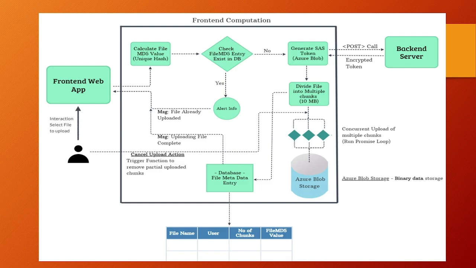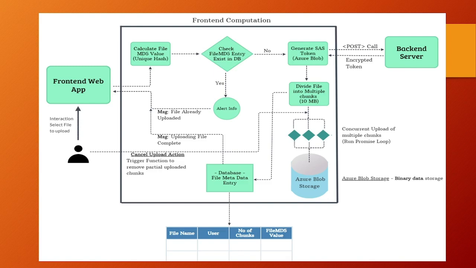Since the selected file can be very large, even in GBs, we first convert our file data into binary data. Once converted, we chunk it into multiple chunks. Here I have selected a 10 MB chunk size.